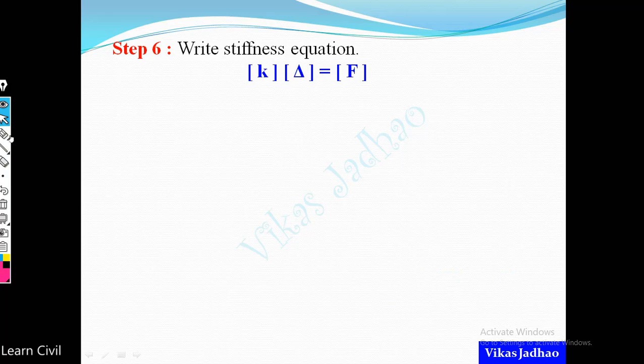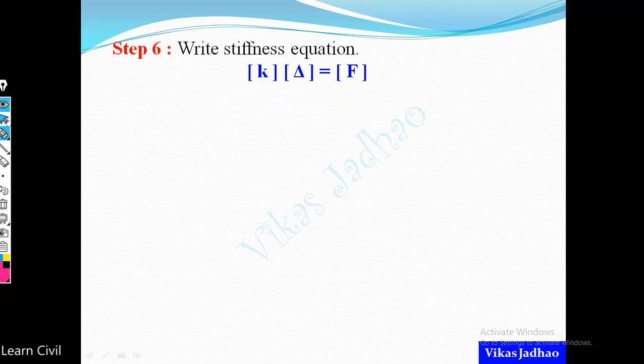Next step is to write the stiffness equation and solve it. So the stiffness equation is K delta equal to F matrix. Here the K matrix is the stiffness matrix, the delta matrix is the displacement matrix, and the F matrix is the force matrix.